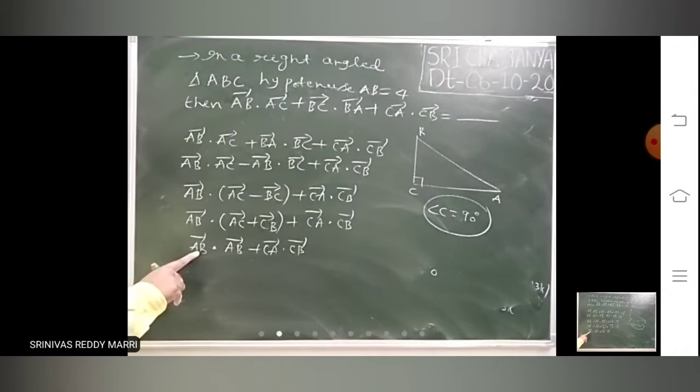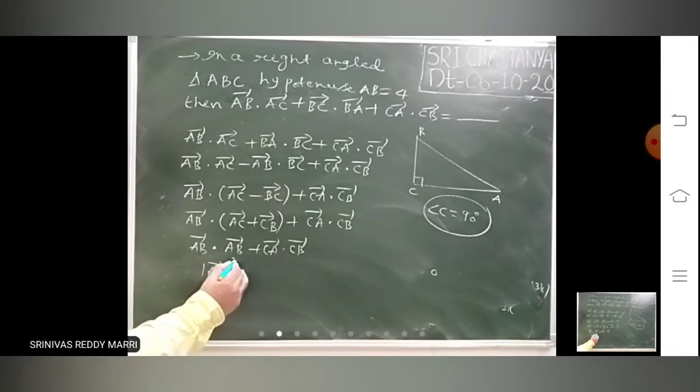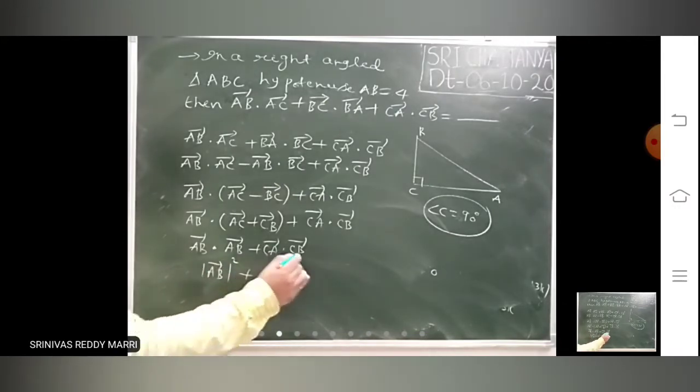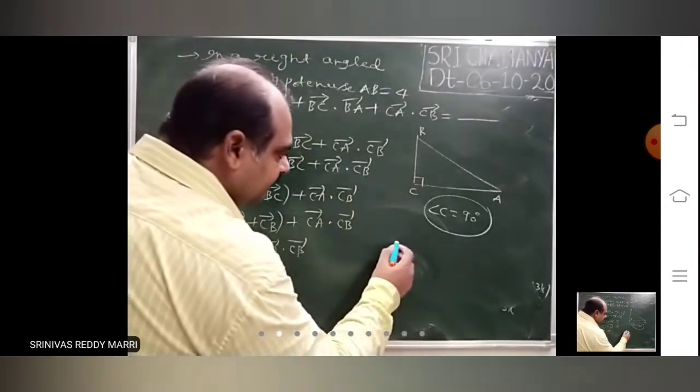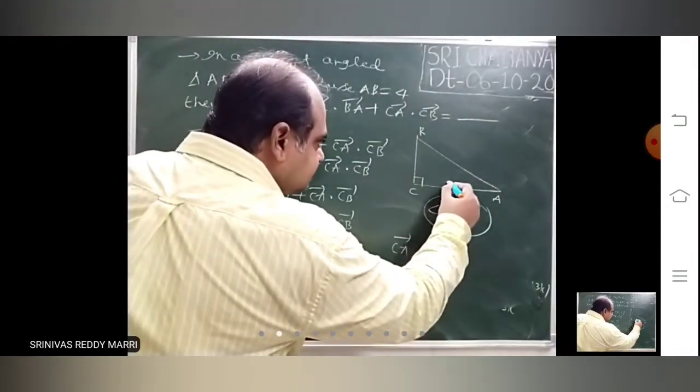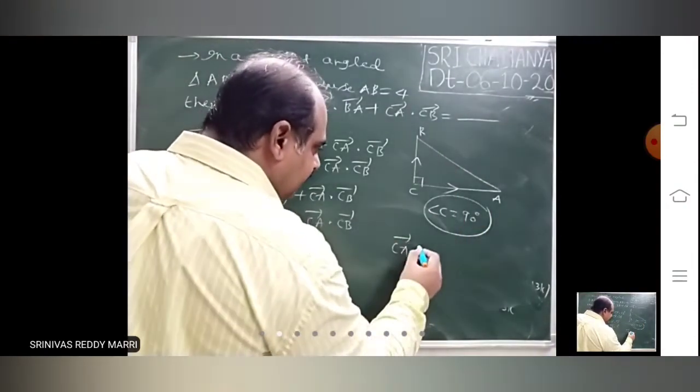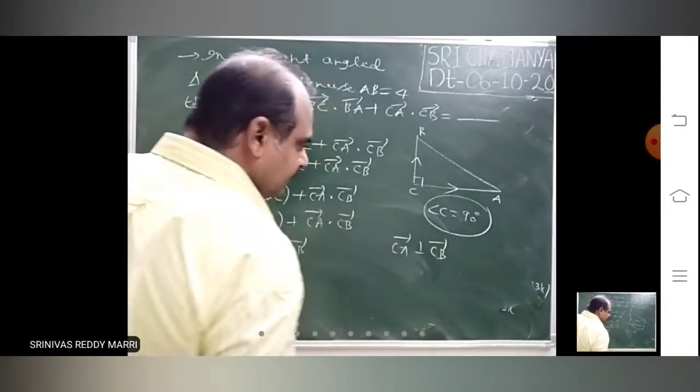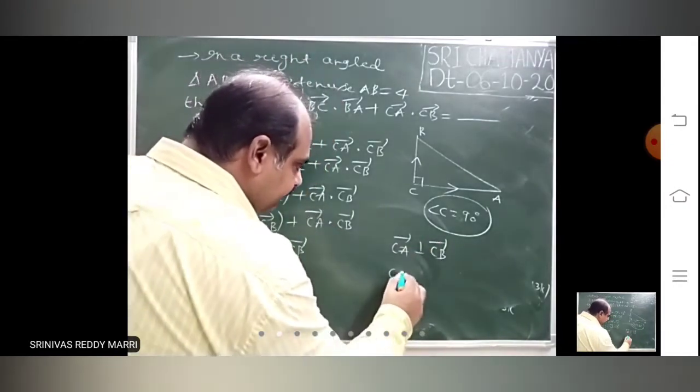This. Now AB bar dot AB bar, A bar dot A bar is nothing but modulus A bar square, plus CA dot CB. Look at this is CA bar, this is CB bar, perpendicular to CB bar. Perpendicular means what?